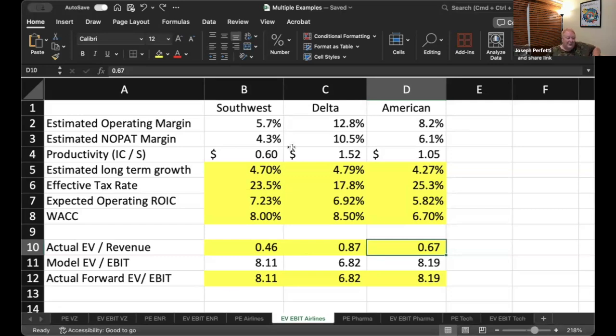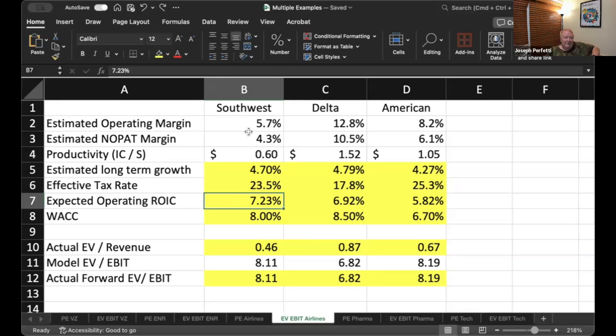So what I've done here is based on this expected ROIC and this expected margin, because if we take the EV to revenue divided by EV to EBIT, we know what the margin needs to be. Then margin times productivity equals ROIC.